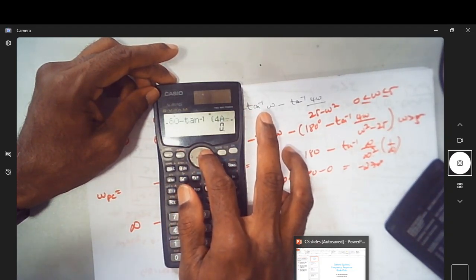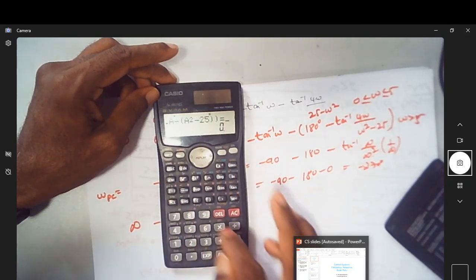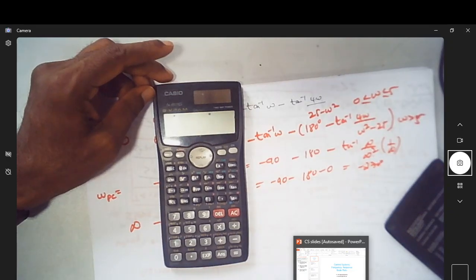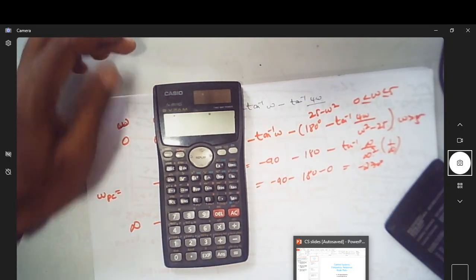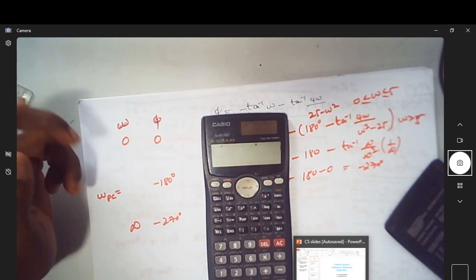I think that's it. So now let me equate this to minus 180. Shift solve. So let us see at what frequency I get this.